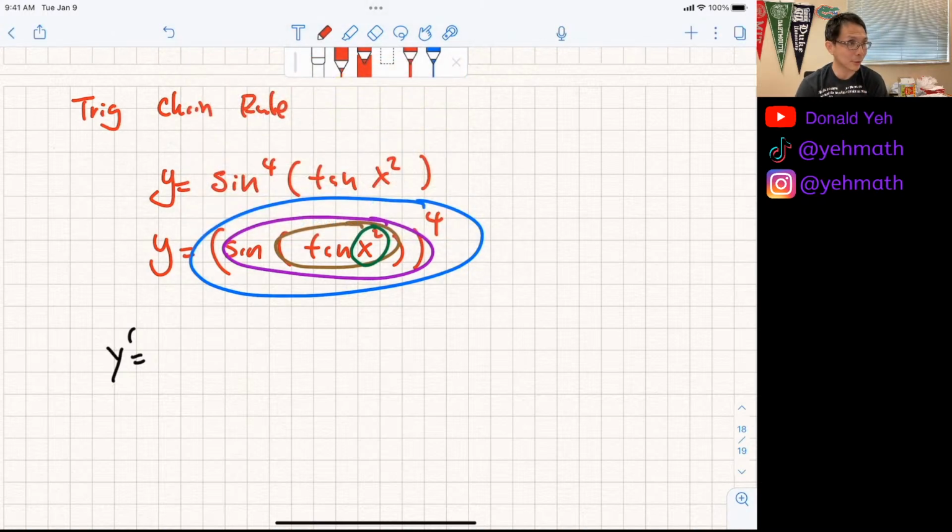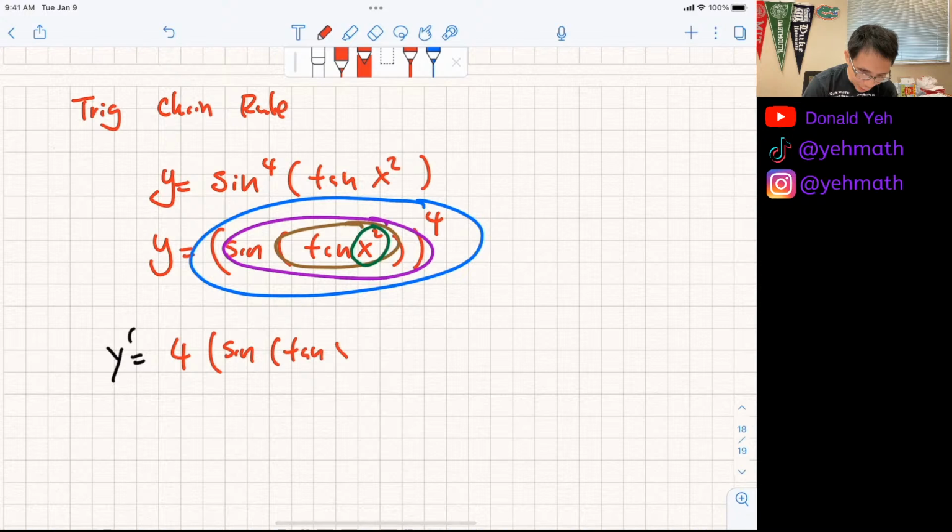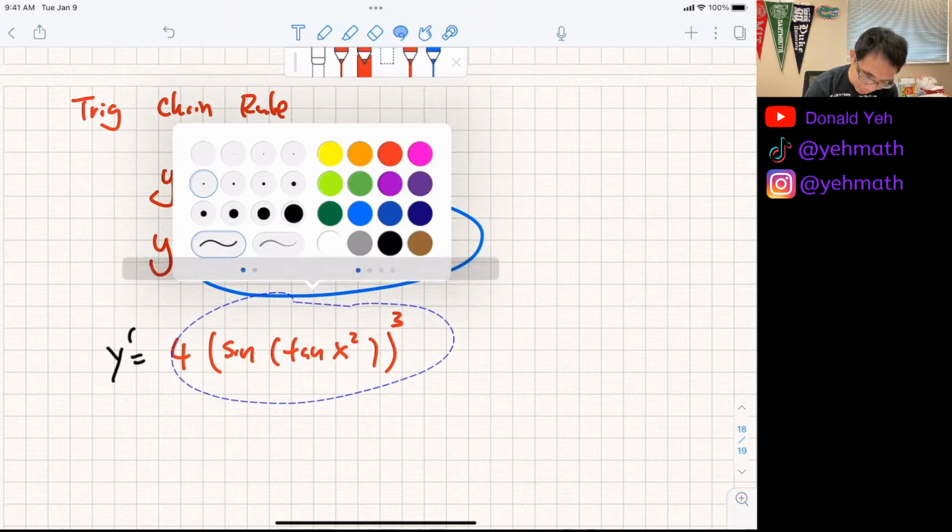How do I take the derivative of x to the 4? 4x cubed. Yep. So here it's going to be 4, but instead of an x, you're going to keep the inside the same, because the inside never changes. When you're peeling the onion, the inside doesn't change until you work your way inside. The inside stays intact. Oops, sorry, this one should be the blue. So I'm going to color code this for you.